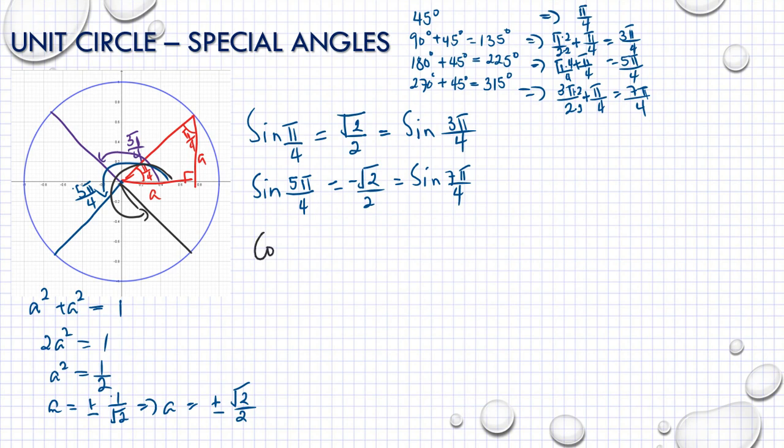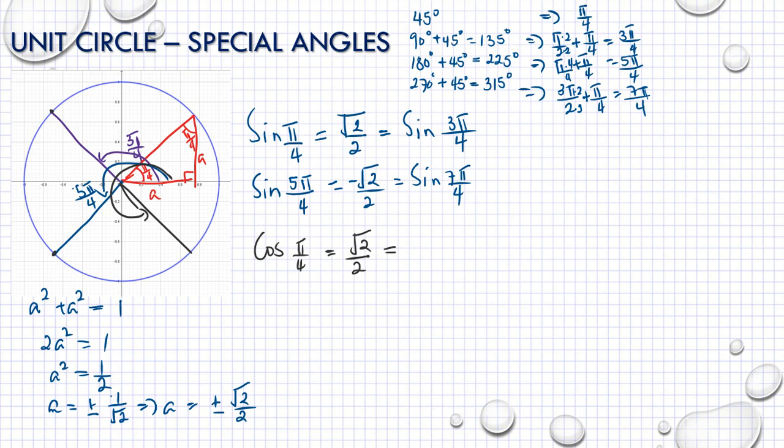How about for the cosine? Cosine pi over 4 is equal to square root of 2, it's the same, divided by 2. But then again, it is not the same on the second quadrant, that is negative. So that is on the third quadrant, that is also negative. Cosine is negative on the second quadrant and third quadrant.